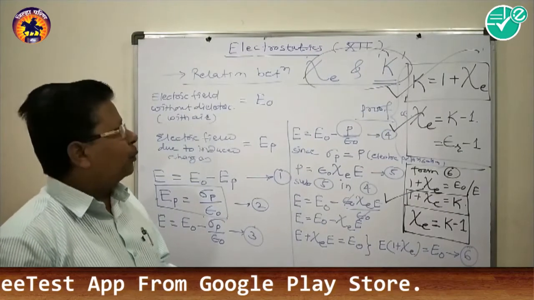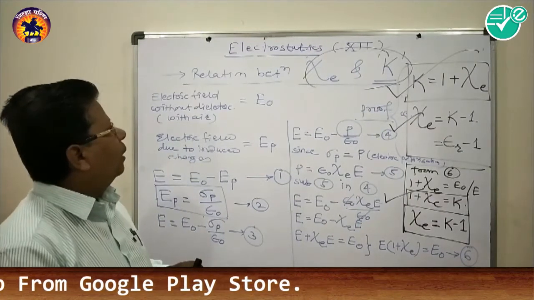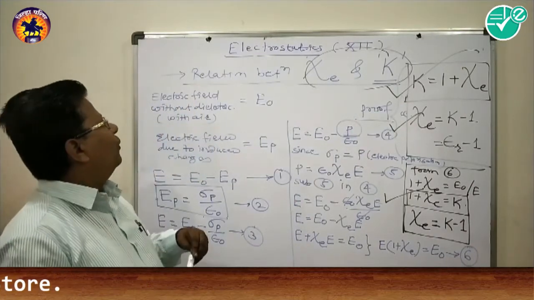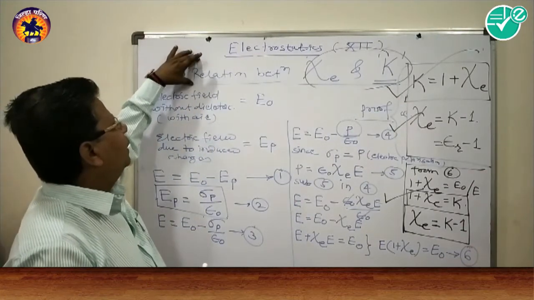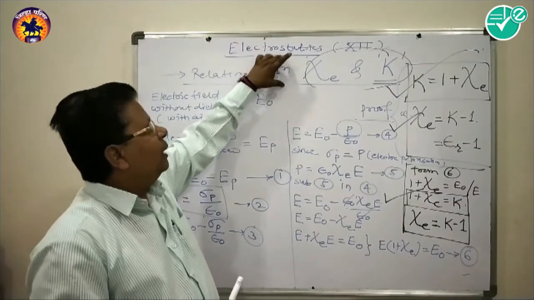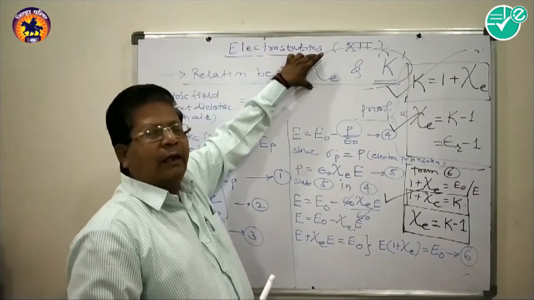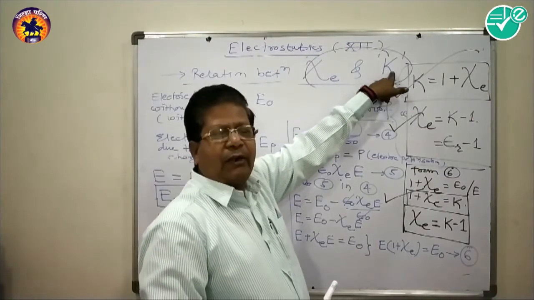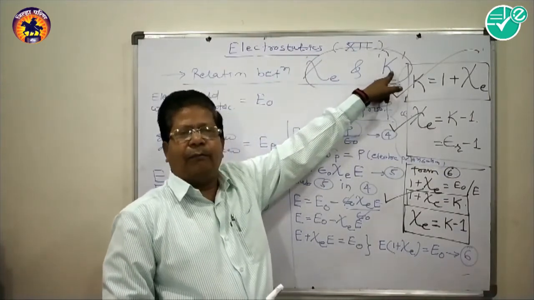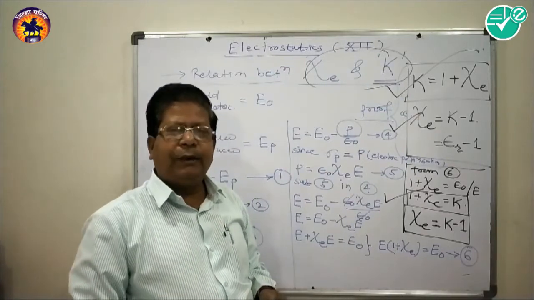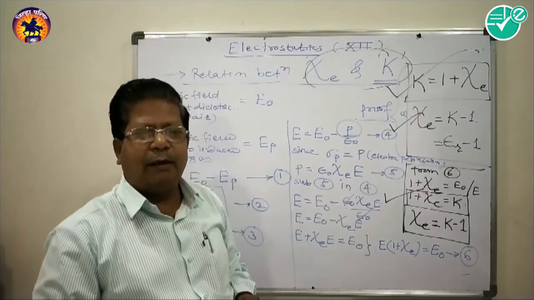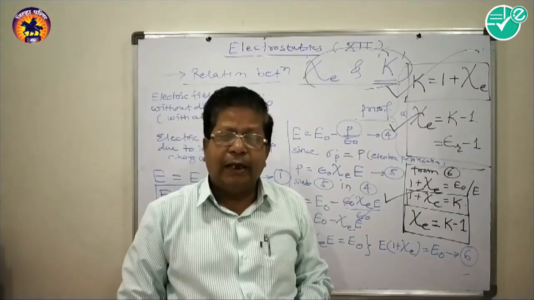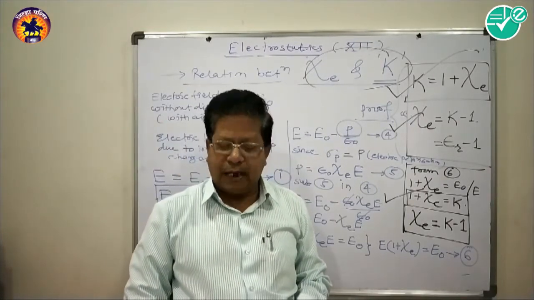So the proof of K is equal to 1 plus Chi E, or we have discussed the relation between the electric susceptibility and dielectric constant of the medium, or relative permittivity of the medium, or specific inductive capacitance.